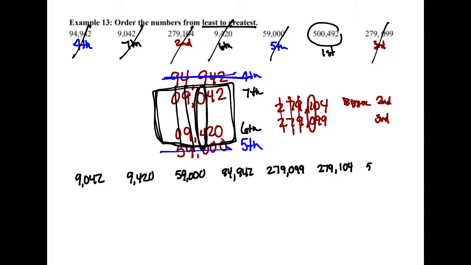And the very last is 5,492. Okay, so now those are in order. If you wanted to do it in their order the first time, go from least to greatest. Instead of finding the bigger number, you'd be wanting to find the smallest number every time.